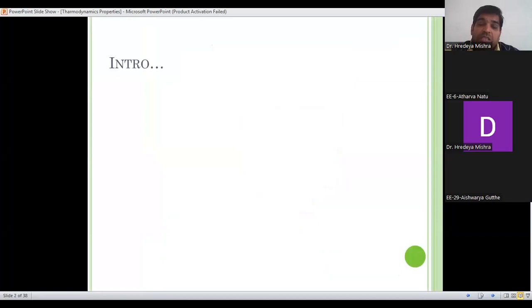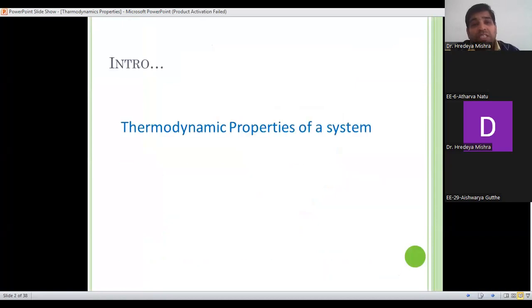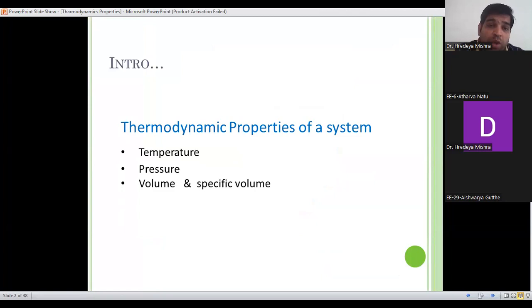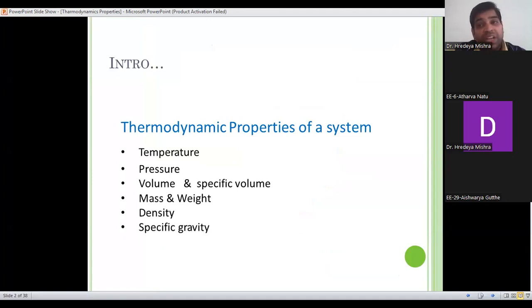So what are these thermal properties? You can see thermal properties of a system: temperature, pressure, volume and specific volume, mass and weight, density, specific gravity, humidity, absolute and relative humidity.